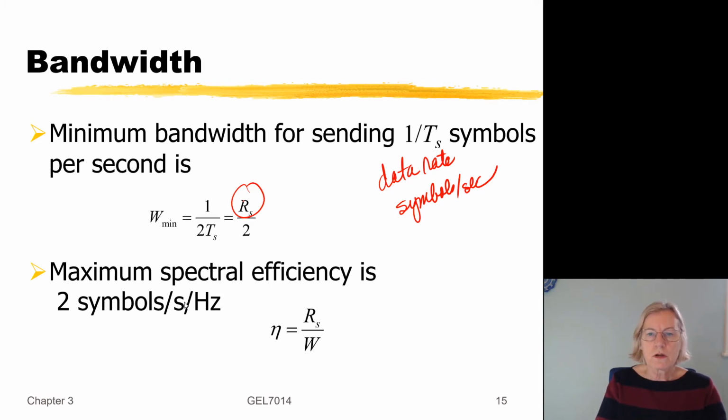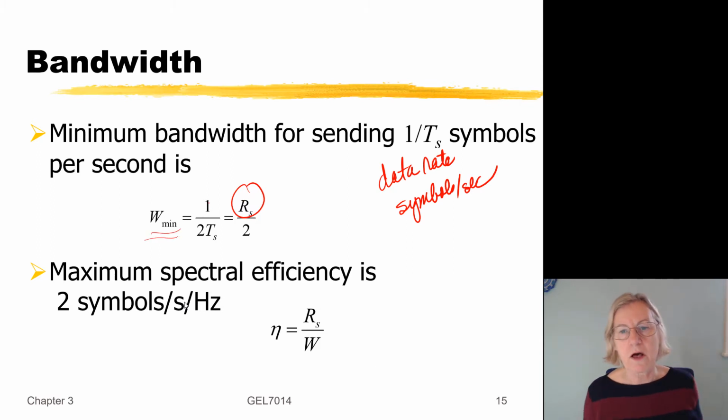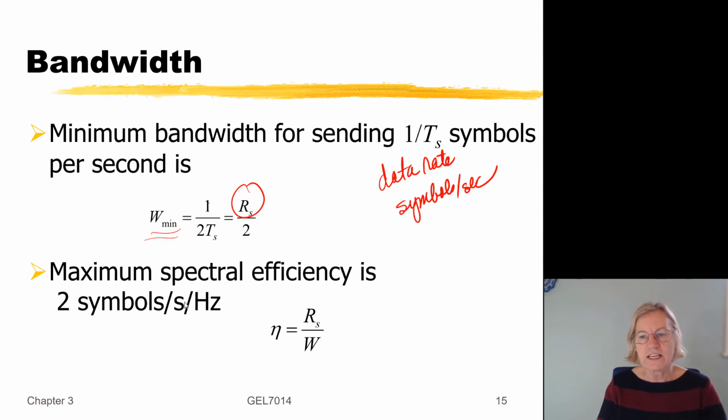And what we've learned from this is that the minimum bandwidth, which I've said is this two-sided ideal Nyquist pulse, has a single-side bandwidth of 1 over T_S. And if I put this in terms of the data rate, that means it's 1/2 of the data rate. So that's the minimum bandwidth that we can use to transmit our information.